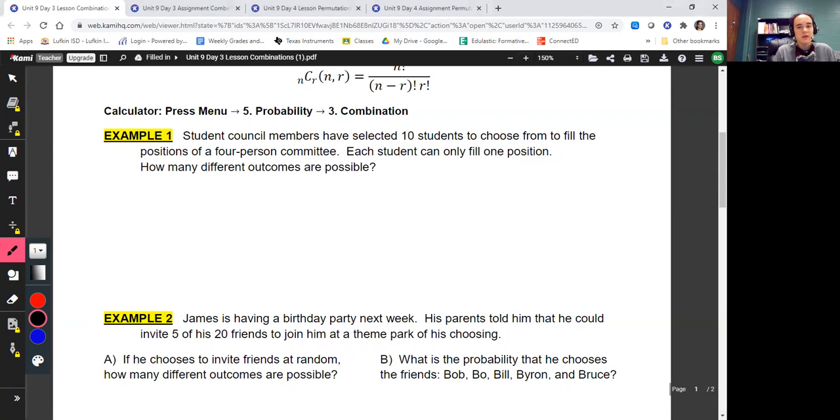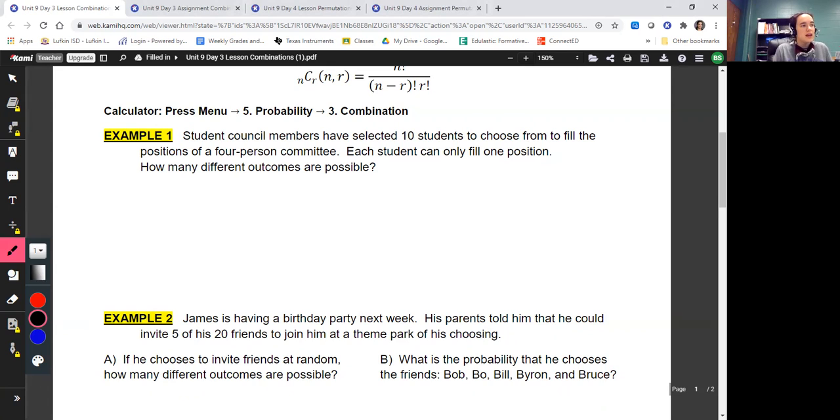So this one is different than the problem yesterday that asked to fill a president, vice president, secretary, or treasurer position, because each one of those spots is a different spot, and you don't want the person who you said for president to be your treasurer, and vice versa. Whereas on a committee, it doesn't matter what order they're chosen, but that they are on the committee.